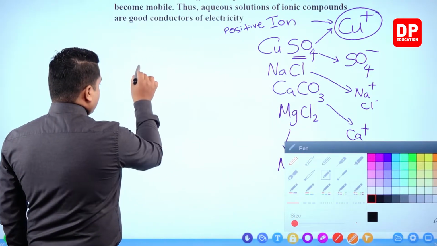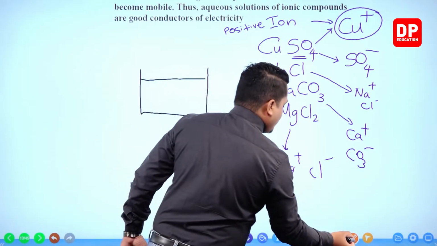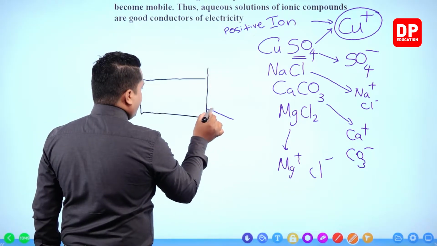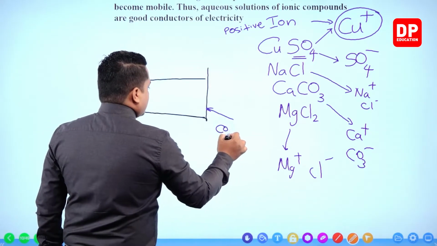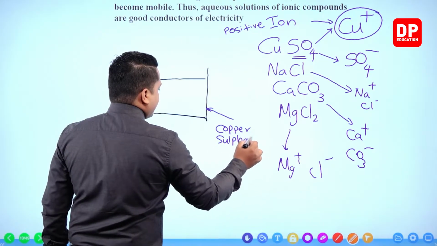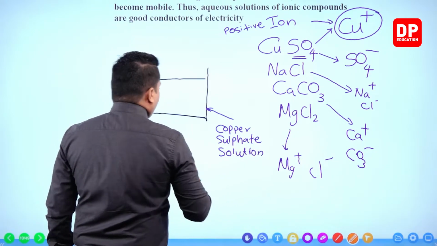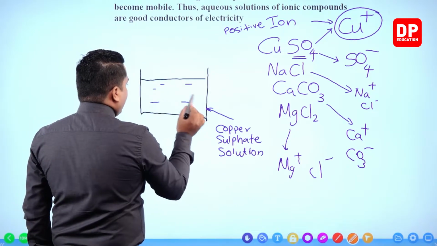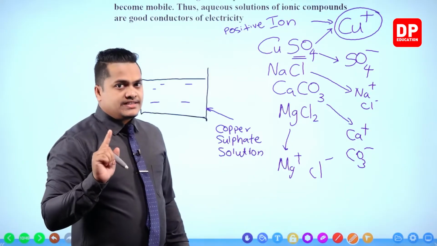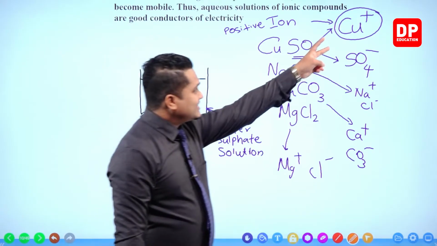Let's imagine that I'm going to dissolve copper sulfate in water to make copper sulfate solution. In the solid state, they are not separated into ions.